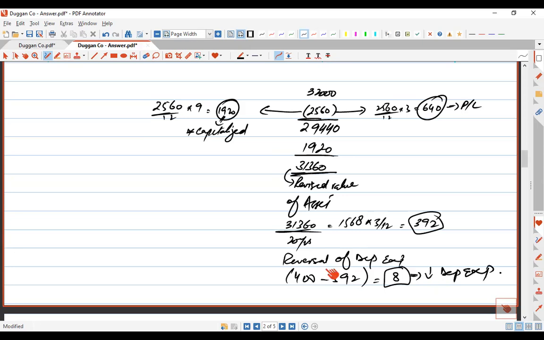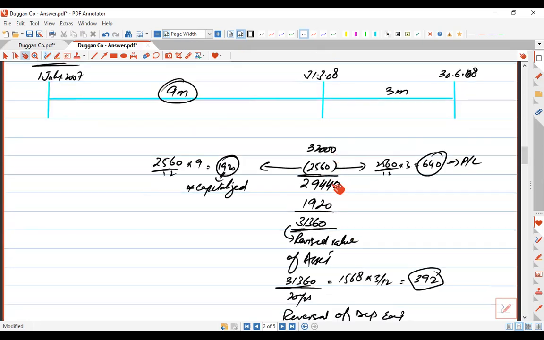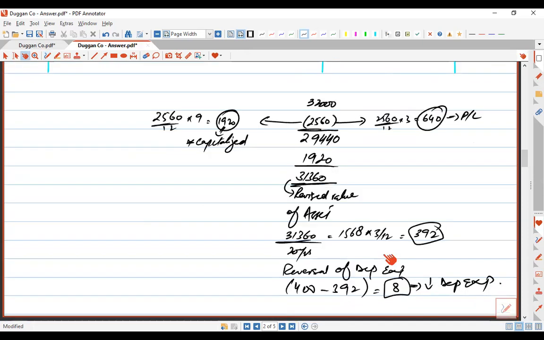Why? Because they wrongly calculated an amount of 32,000, and on the basis of 32,000 they charged depreciation of 0.4 million. But the revised value of the asset is 31360 and the revised depreciation is 392. So we have to make a reversal in the depreciation expense as well.